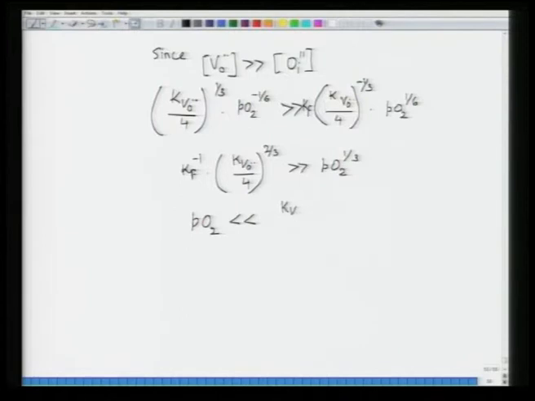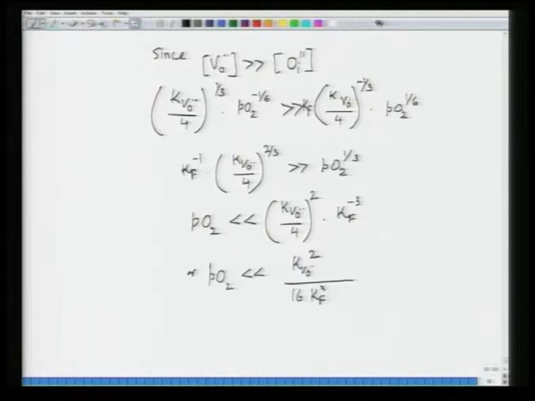This becomes KVO divided by 4 square multiplied by Kf to the power minus 3, or alternatively PO2 is much lesser than KVO square divided by 16 Kf cube.